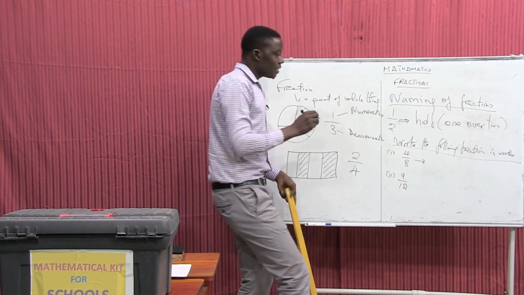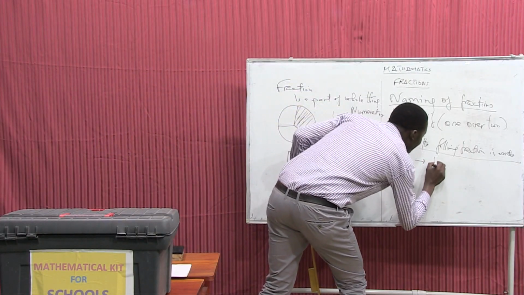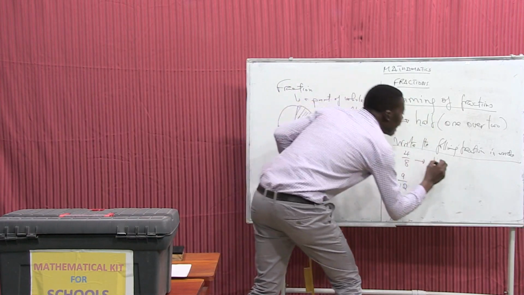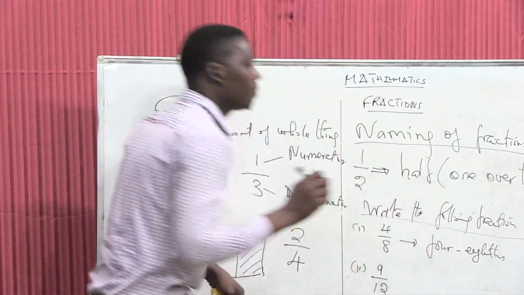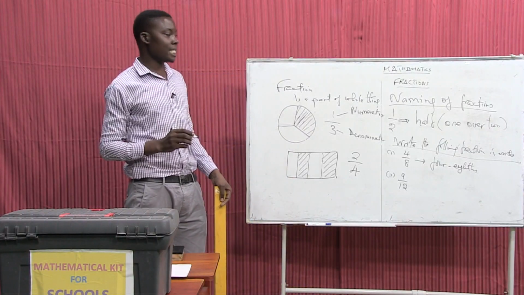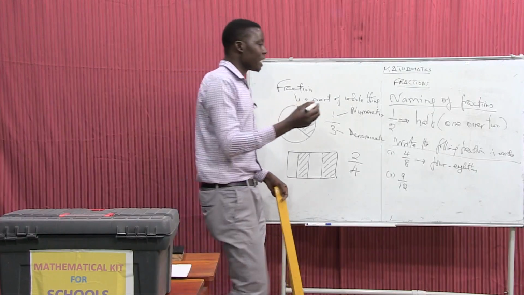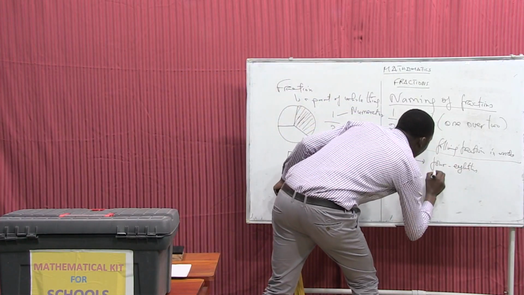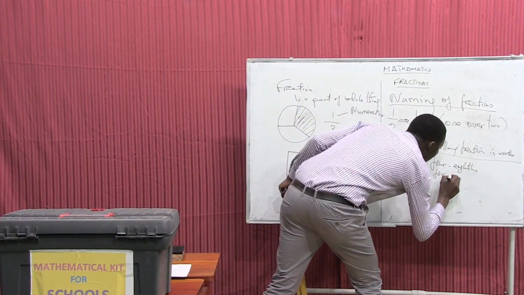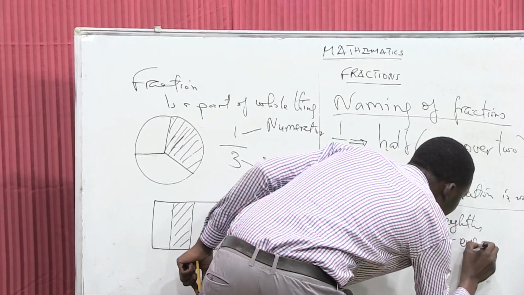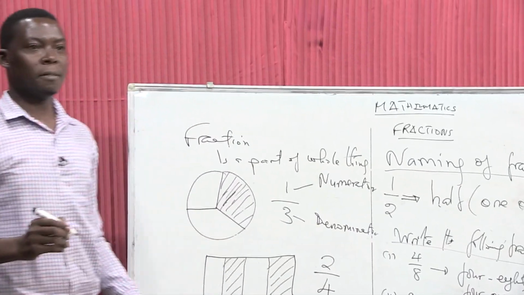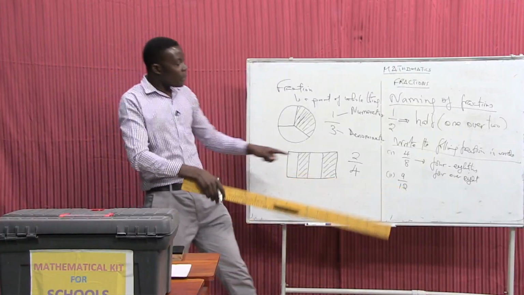We say it is 4 eighths. Or in other language, you may say 4 eighths. Why are we adding an s here?